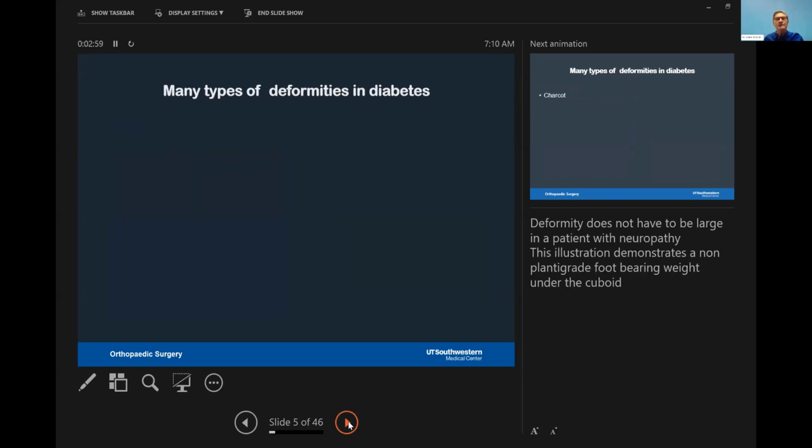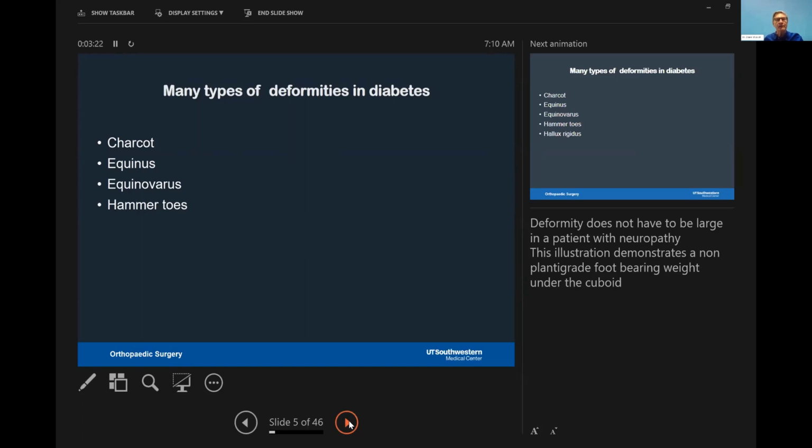There are many types of deformities that we deal with in diabetes, and this is not all inclusive. We deal with Charcot deformities. We deal with people with a contracture of their ankle, what we call equinus, where they're plantar flexed and can't dorsiflex as much. Some people have an equinovarus deformity, where the foot is down and inward, somewhat of a club foot, if you will.